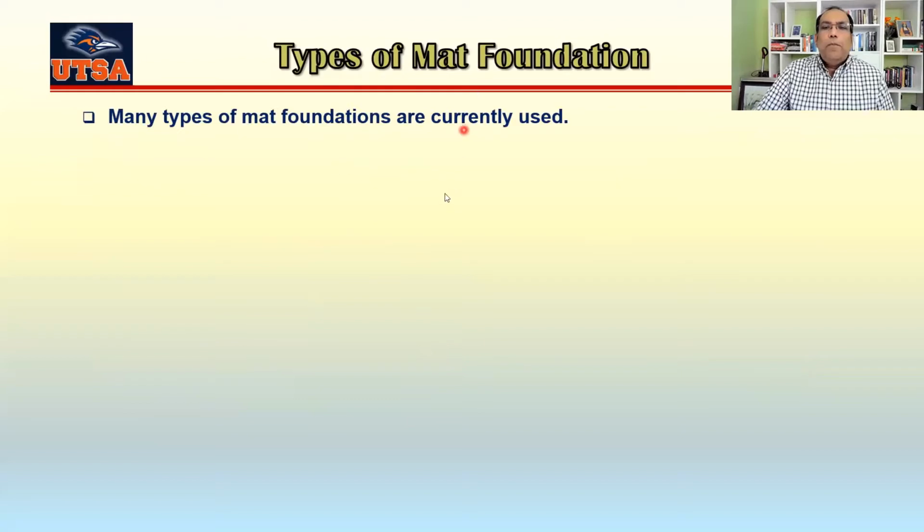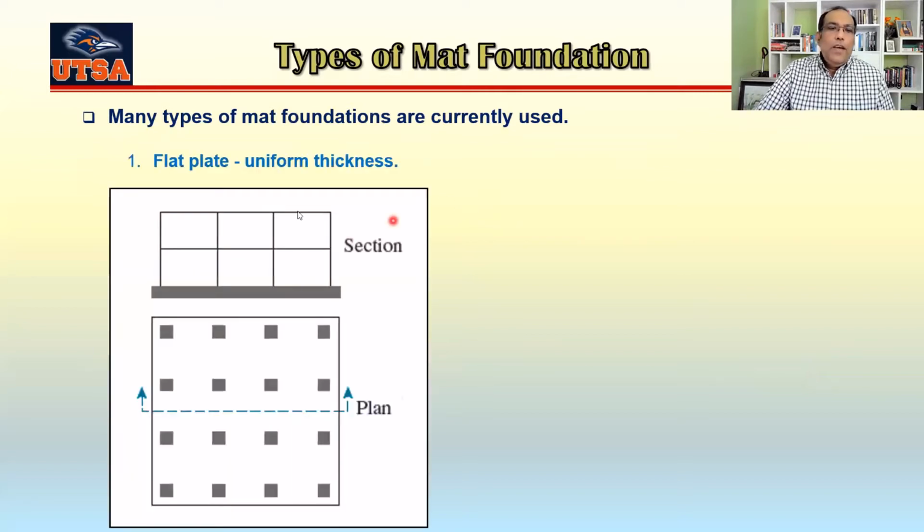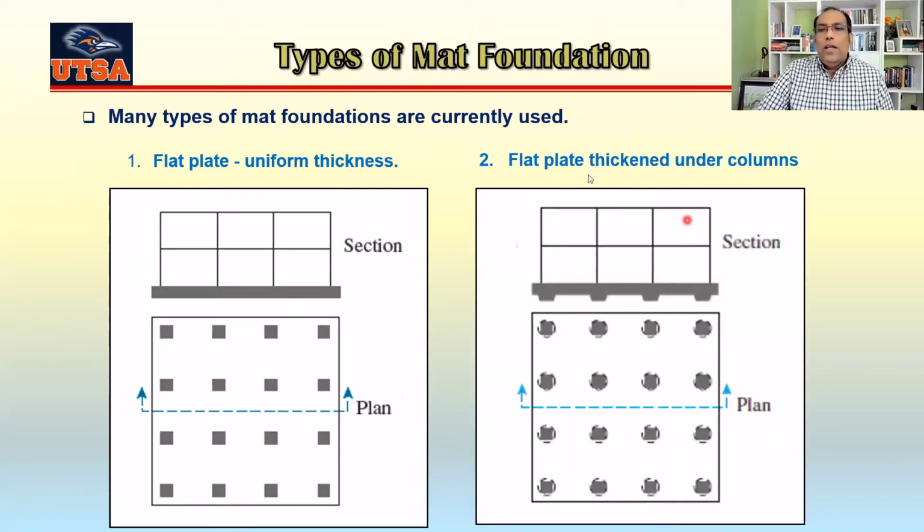So, types of mat foundation. There are several types of mat foundation. First of all, flat plate of uniform thickness. So you can see this is our mat foundation here. This is uniform thickness. On top of that, I just put that column, and this is a two-story building, for example. Now the second one, the flat plate thickened under columns.